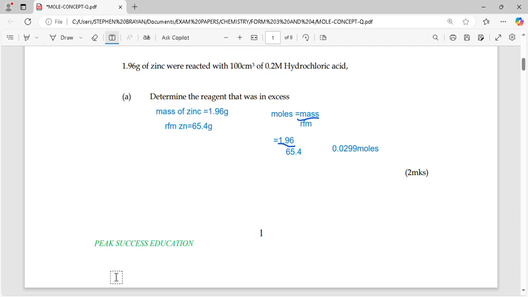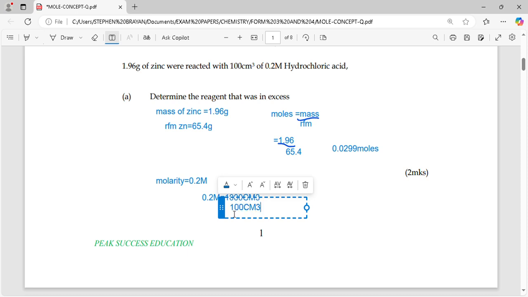Using the molarity and the volume, you can get the moles, because anything molar is equivalent to 1 liter, which is 1,000 cubic centimeters. So 0.2 molar is equivalent to 1,000 cubic centimeters, so what about 100 cubic centimeters?